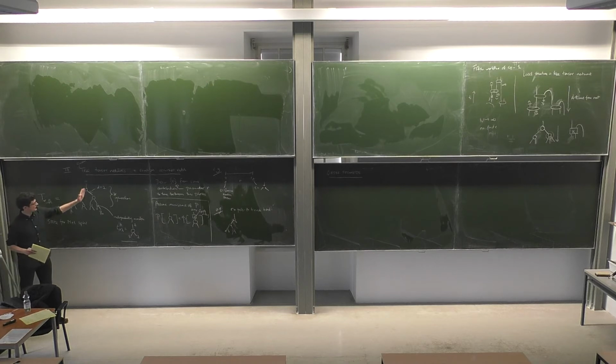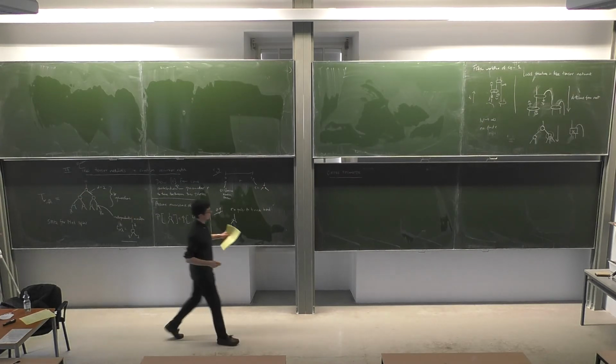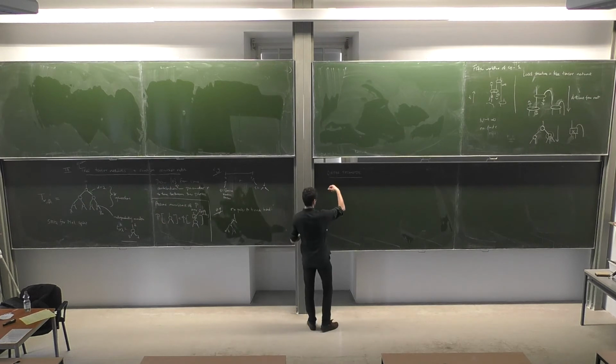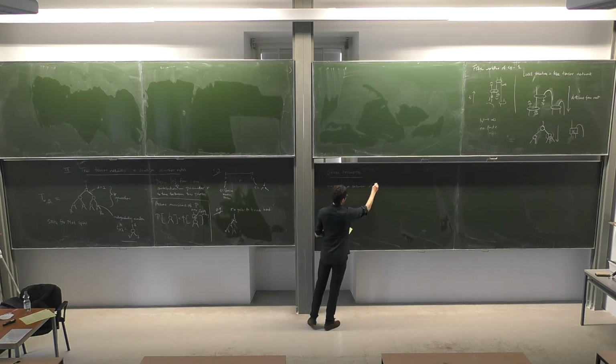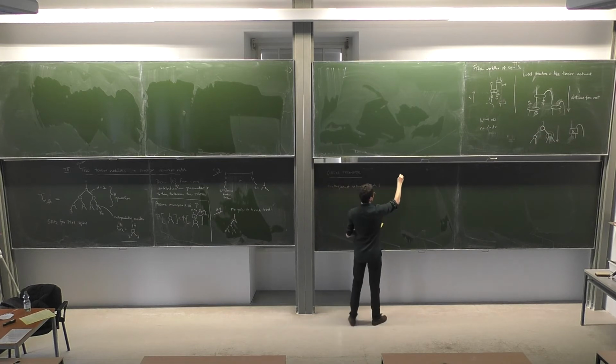By the way, the reason I include this bond sticking up here is because this is the recursive unit which I can use to construct larger and larger trees. If I think of it as m plus 1 spins, then the order parameter is basically the entanglement between the one at the top and the ones at the bottom, A and B. So this guy is A, and these are B.